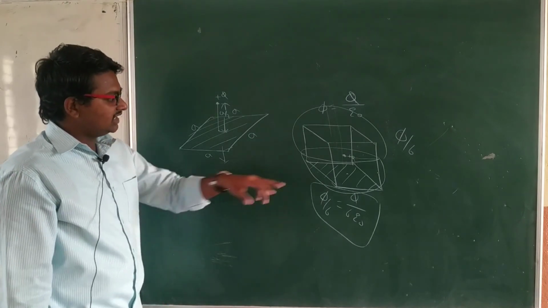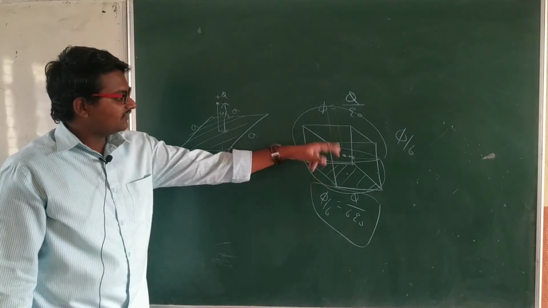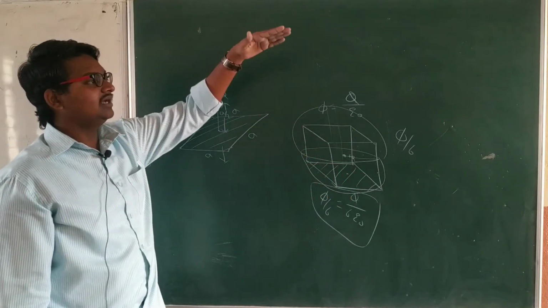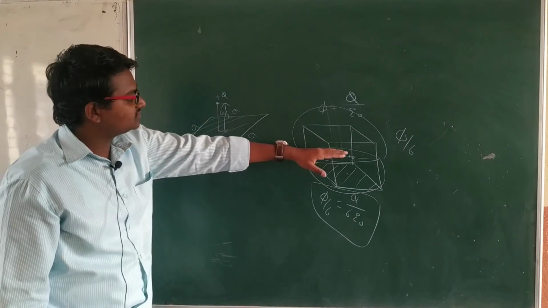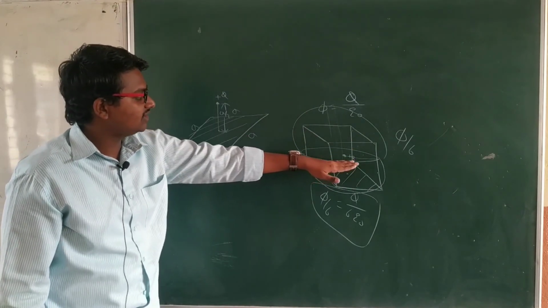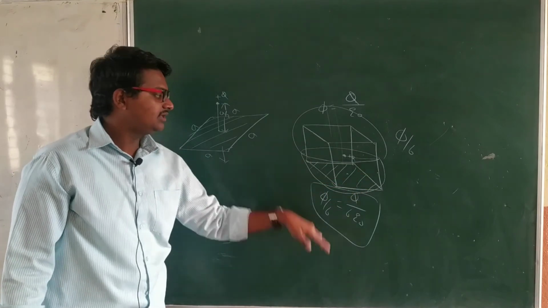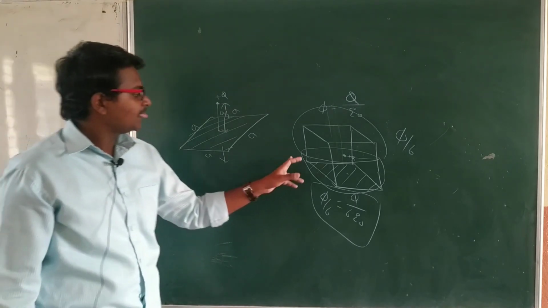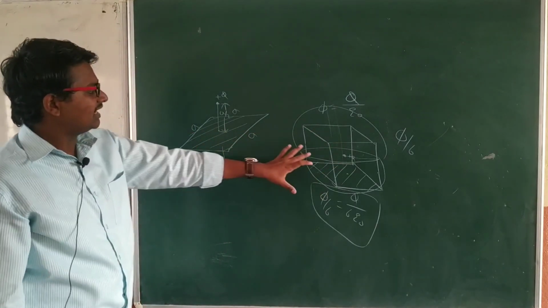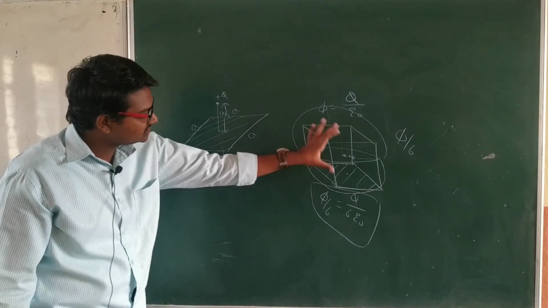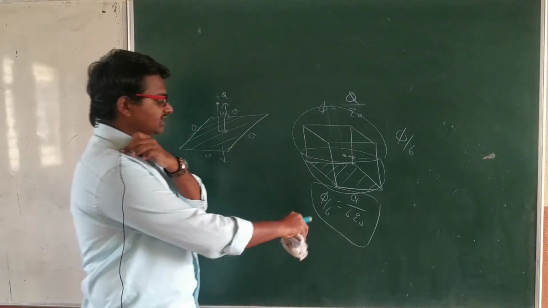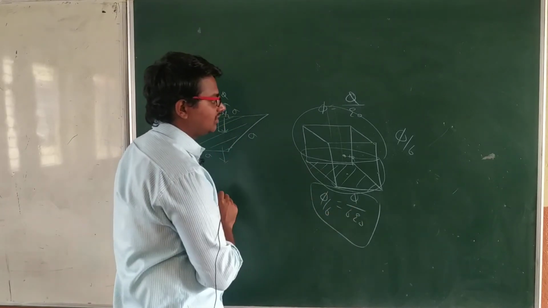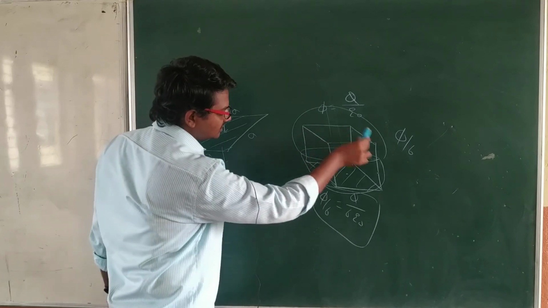If you consider the first half of the front face, it will be related to the upper half, and the second half of this front face will be related to the second half of that one. All right. It means this is not all about geometry. If you can understand this geometry, easily you can understand how this one came. This is simple. Q by 6 epsilon naught we are going to get here by using this.